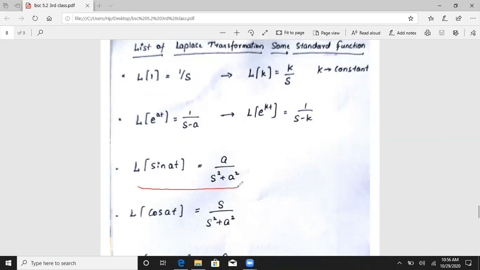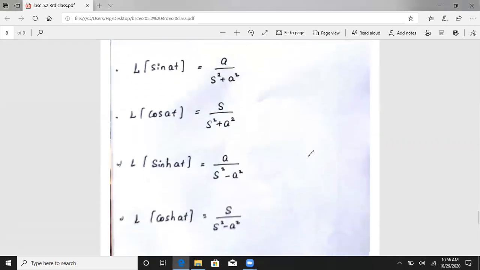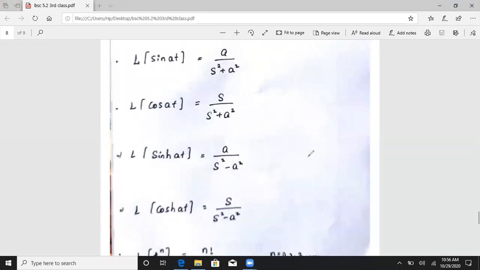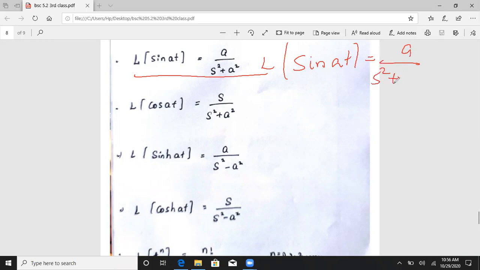Then the Laplace transformation of sin at is a divided by s square plus a square, and the Laplace transformation of cos at is s divided by s square plus a square.